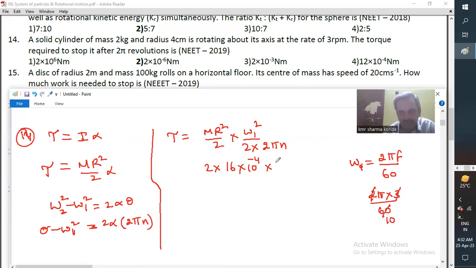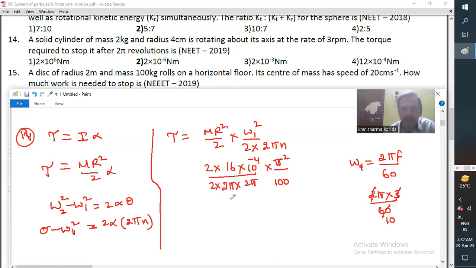Therefore, this is 6 by 10. So omega square is pi square by 100. Again, there is one more division here, 2 into 2 pi n. How many rotations? Here, 2 pi revolutions.